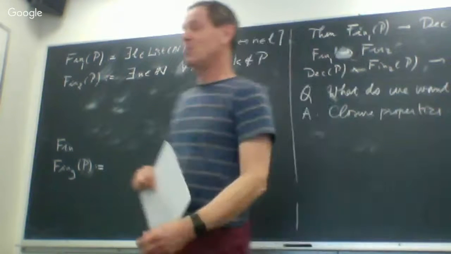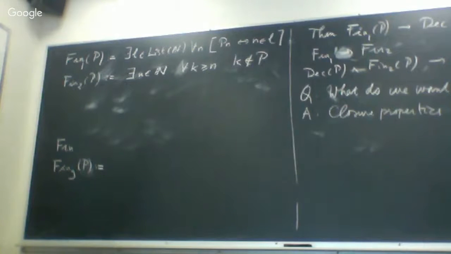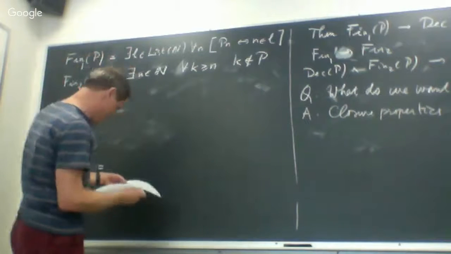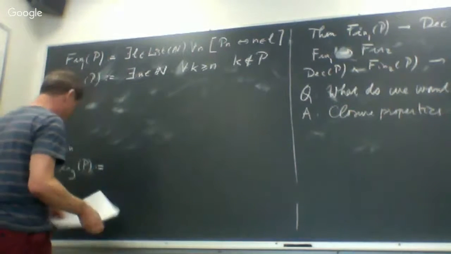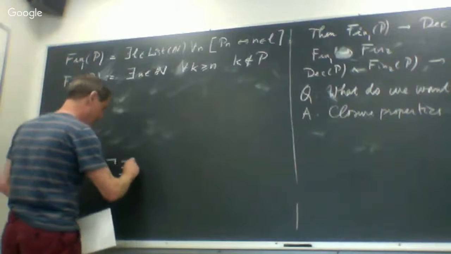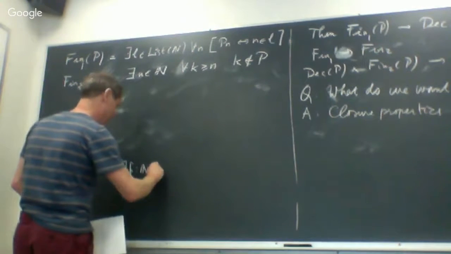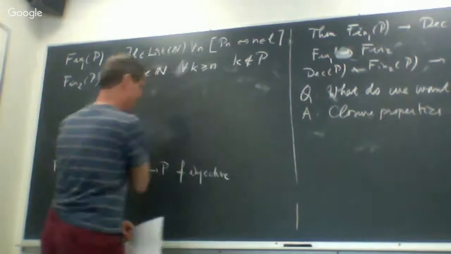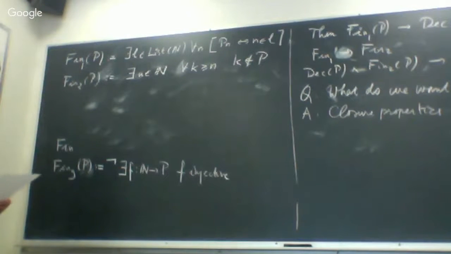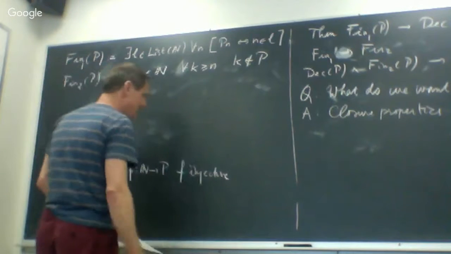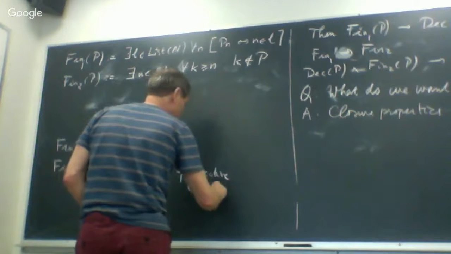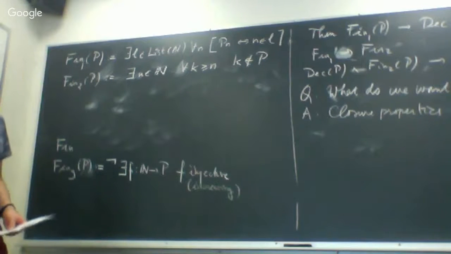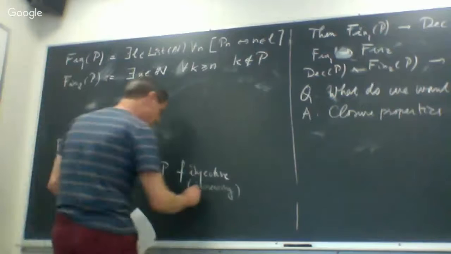And the strongest way that I know to say that P is infinite is that there is an injection from N to P. So this is: F injective. You could replace injective by strictly increasing.